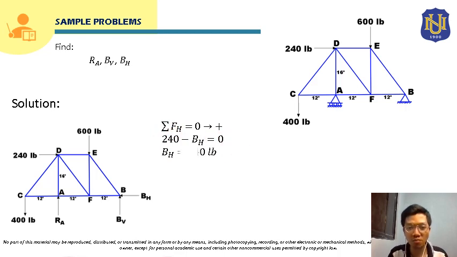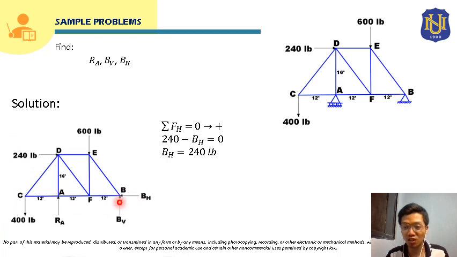Okay, so solving now for BH, we can say that BH is equal to 240 pounds. As we can see here, only the 240 pound force and BH are the horizontal forces in this system. So if we have an applied 240 pound horizontal force, of course our horizontal reaction should react opposite the direction of the applied horizontal load.